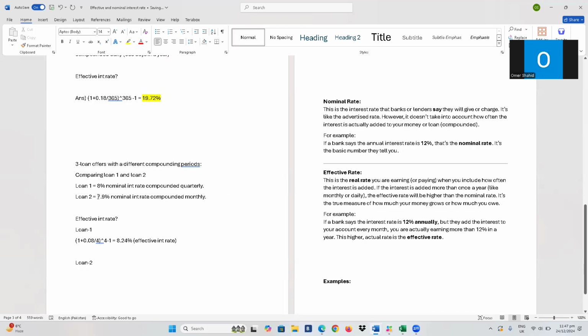No, sorry, we need to divide it by n. Obviously, we need to divide it by n, because we will assume that this 7.9% is our annual interest rate, and they are compounding it monthly. So obviously, we need to divide it by 12 to get the monthly interest rate.